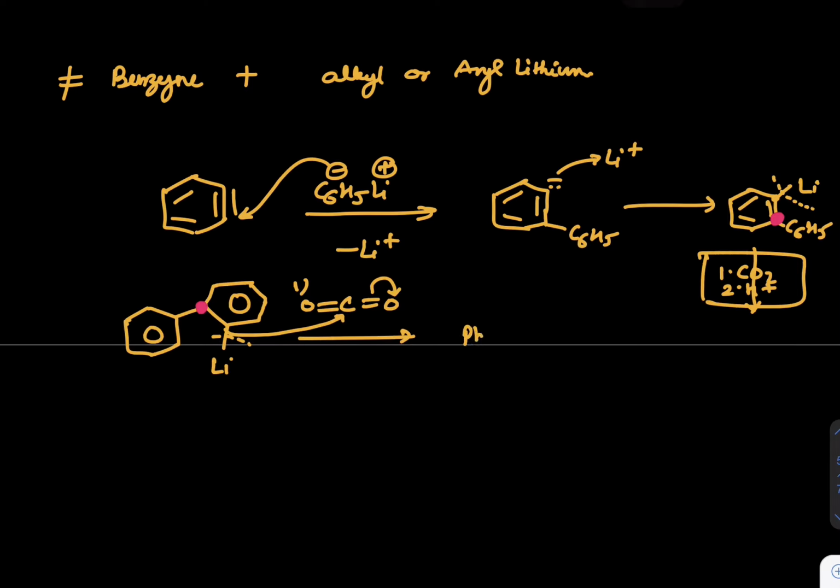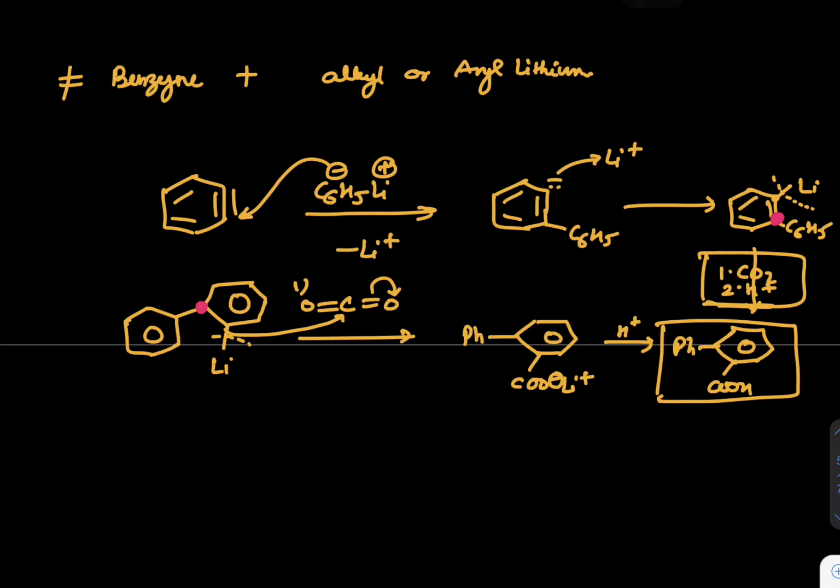We can expect that Ph is joining on the ring, and at the next position we get COO minus Li plus, and with provision of H plus, as mentioned here, it can become Ph hanging on this position, a ring, and this is a COOH. This kind of result we can expect. So this is your final answer, which is we can say biphenyl-2-carboxylic acid, right? So you can draw these kind of answers.